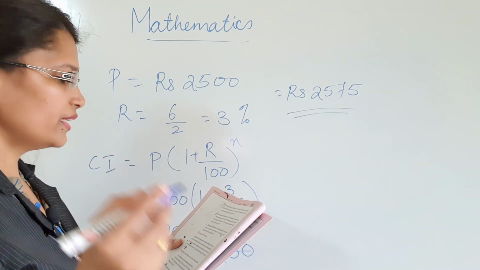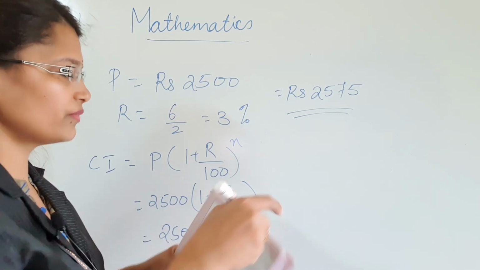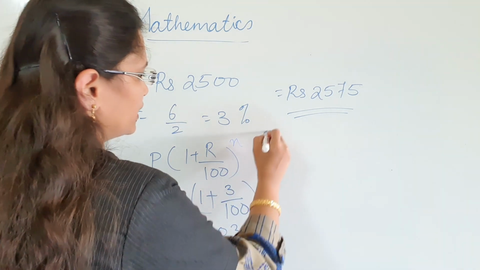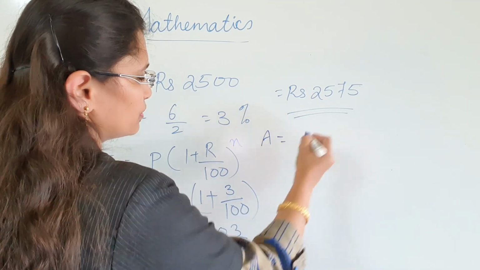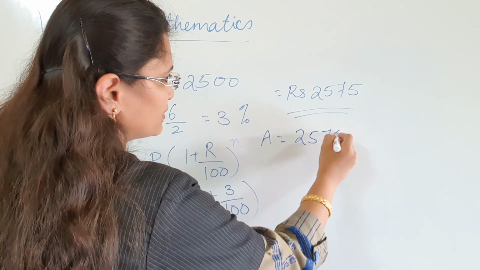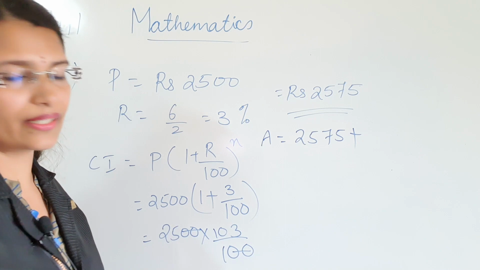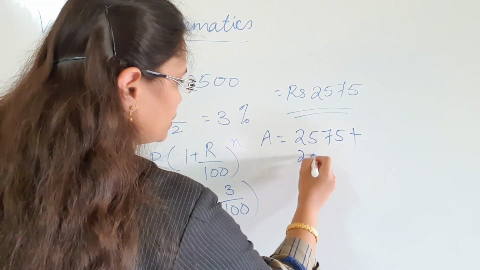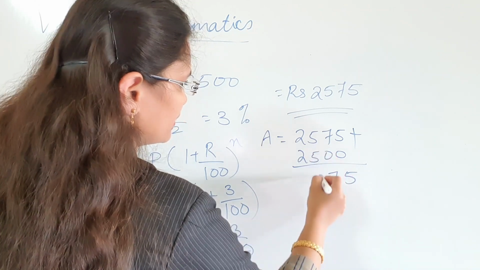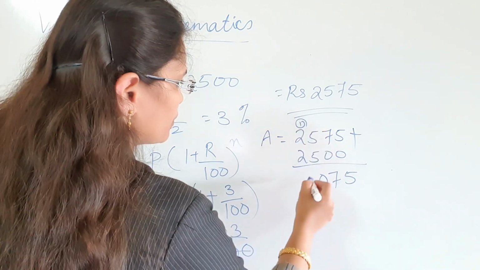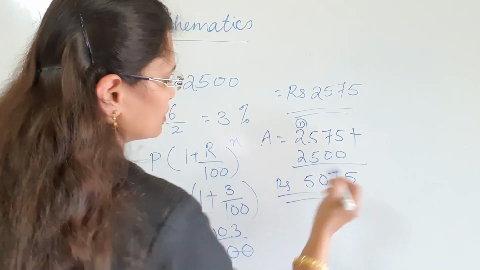Then he deposits 2500 rupees more on the 1st of July. So, that we have to write amount is equal to 2575 plus he deposits 2500 more. So, 5075. So, rupees 5075.